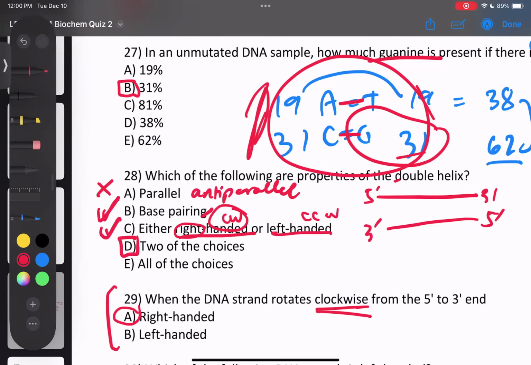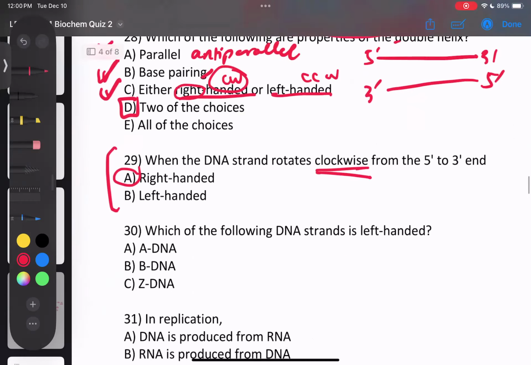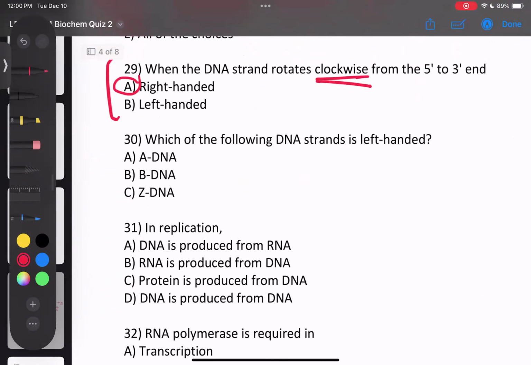Okay? Next. 30. Left-handed, the only one is Z-DNA. I actually can't remember if I did put this in our notes. But if ever, this is the first time I mentioned it, do know that from now on, this one is the only left-handed.